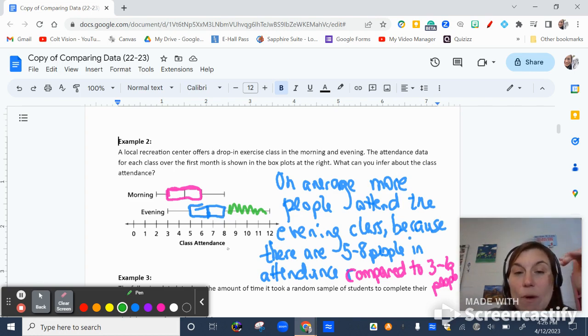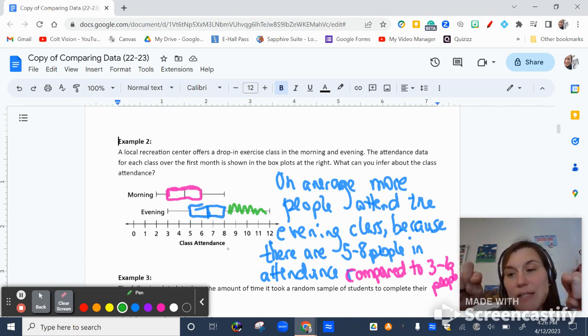So I want you to notice that when we make the comparison, we don't just compare the extremes. We don't compare the max with the max or compare the mins. Okay, even though that seems like an easy way to compare, be careful not to do that. You always want to use the center to compare which one's more than the other, and you want to use the ends to compare how spread out it is.